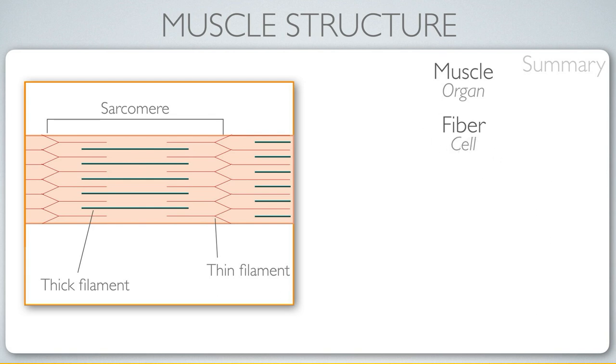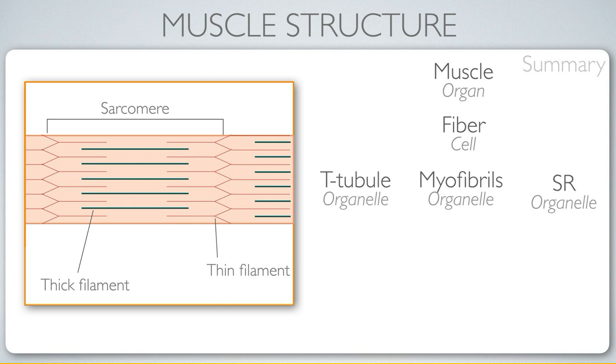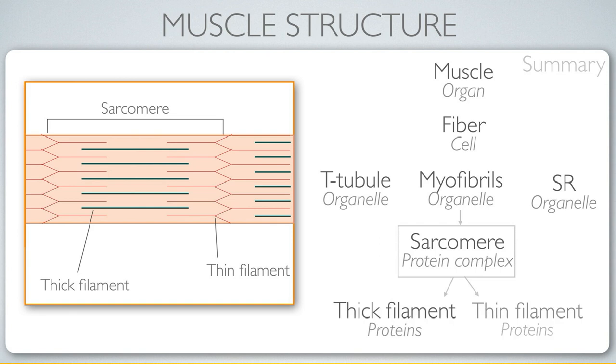Within those cells, there are three organelles that I'm focusing on: the myofibrils, the T-tubules, and the sarcoplasmic reticulum, or the SR. The myofibrils, in turn, are organized around sarcomeres, which are these complexes of proteins, and those proteins include the thick and thin filaments. Okay, so that's what I want you to know about the structure. And as we'll see, the structure is really important to understanding how it functions.